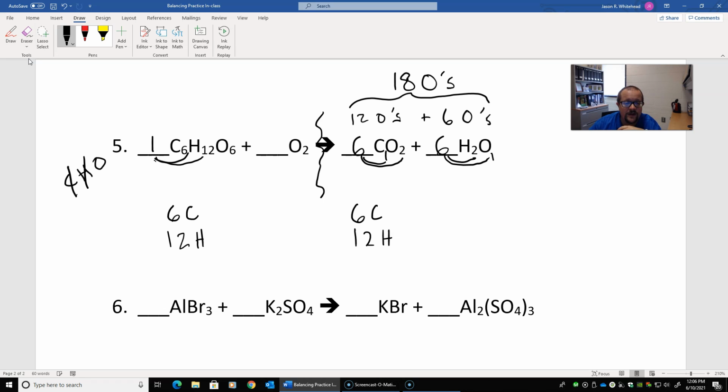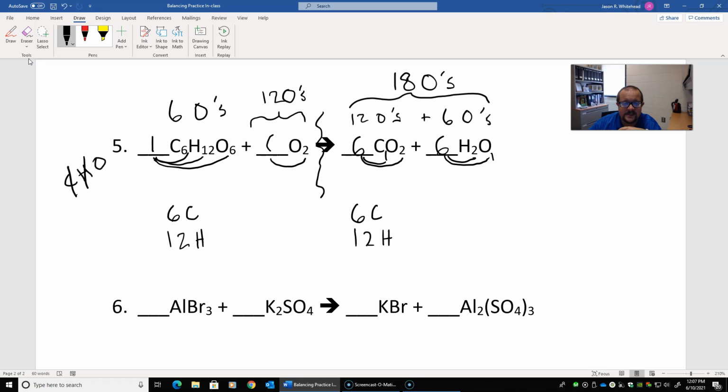Well, if I look, I already have some here. 1 times 6, I've already got 6 oxygens here. So from this coefficient we have left to put in, whatever we put here times 2, I'll need another 12 oxygens. That way 6 and 12 will give me the 18 that I need over here to balance with my right-hand side of the equation.